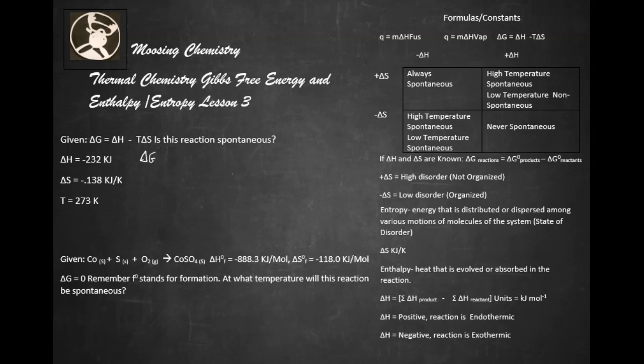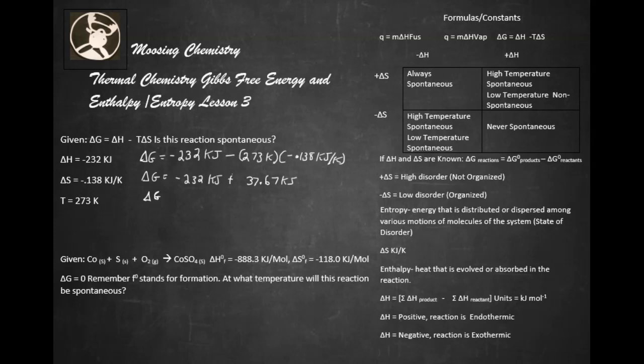So we get delta G equals delta H, which is minus 232 kilojoules, minus 273 K, minus 0.138 kilojoules over K. So delta G now equals minus 232 kilojoules plus 37.67 kilojoules, and we add the two together.